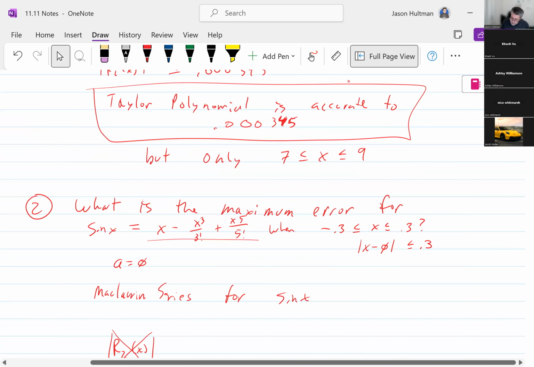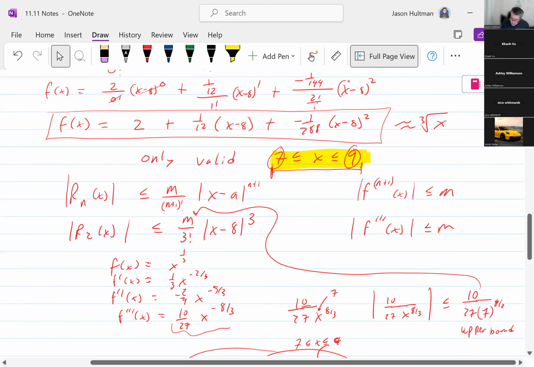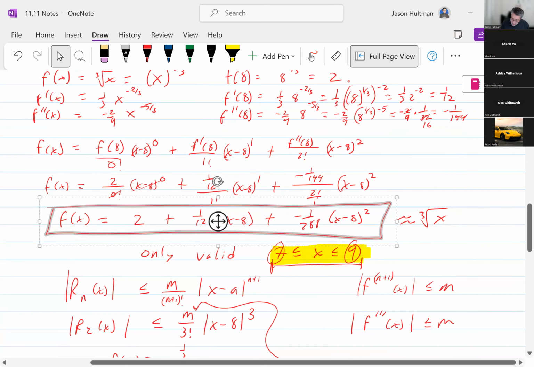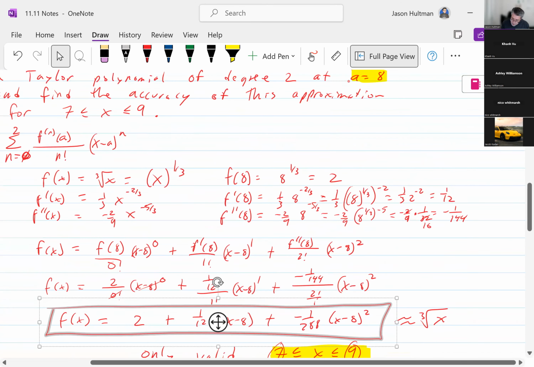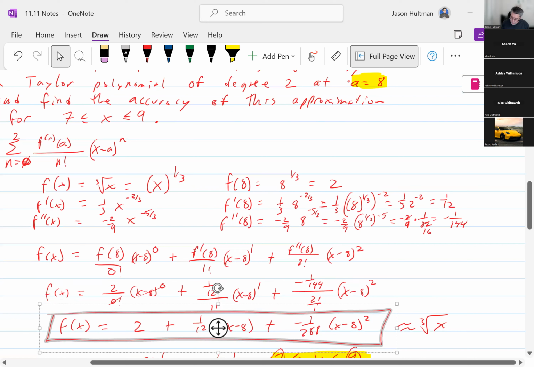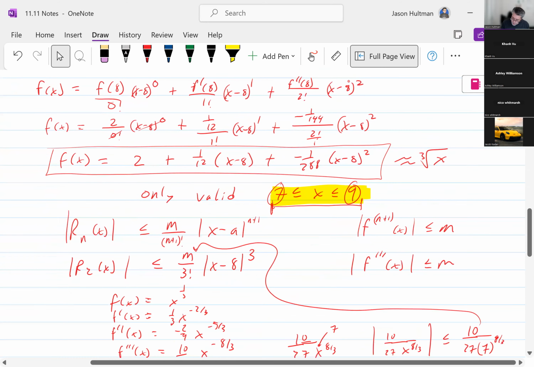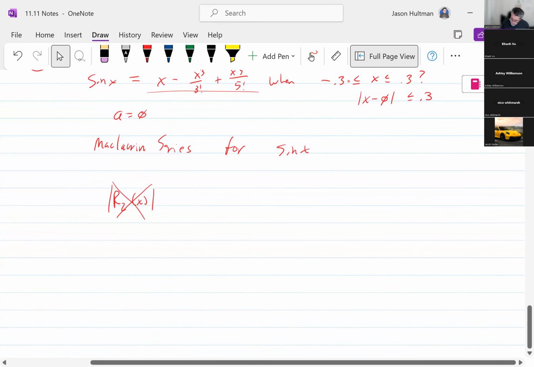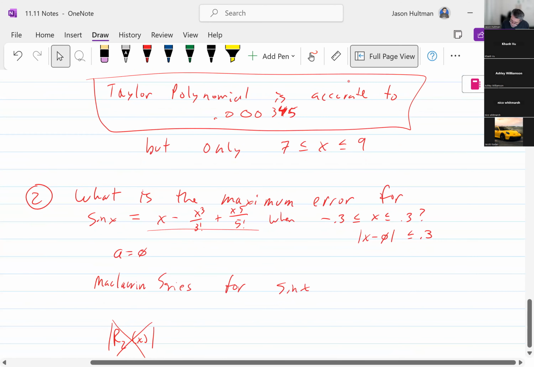In the previous example, we had 3 terms because n was 2, so a polynomial of degree 2. But what do we have here? We actually have a polynomial of degree 5.